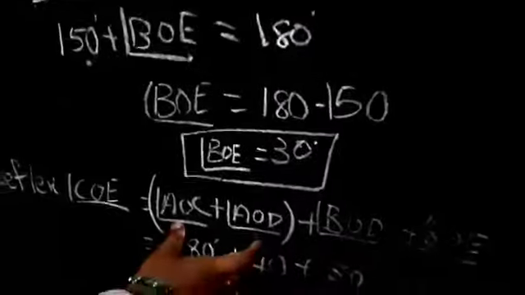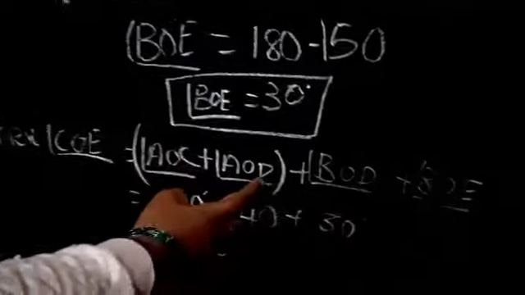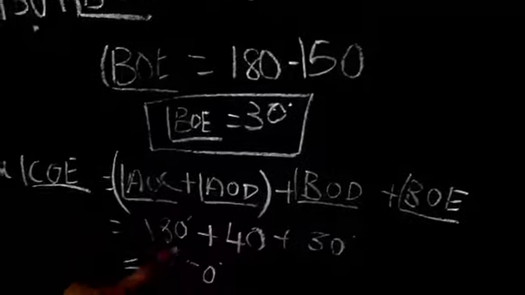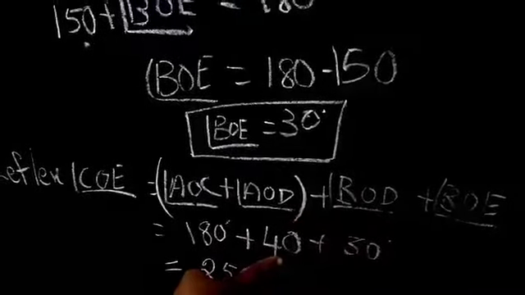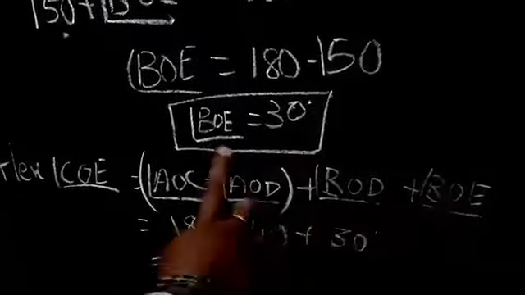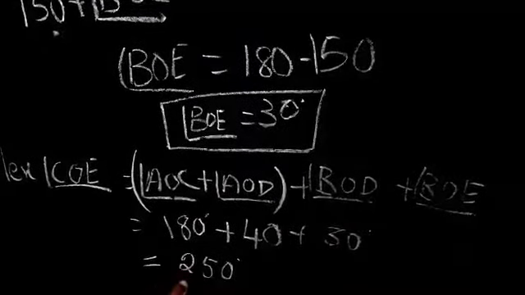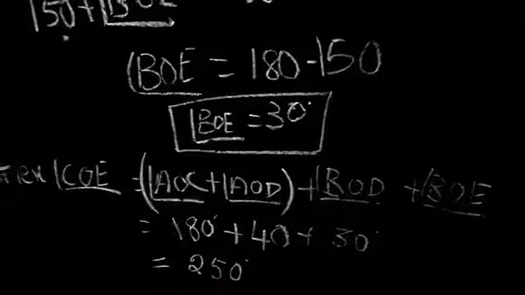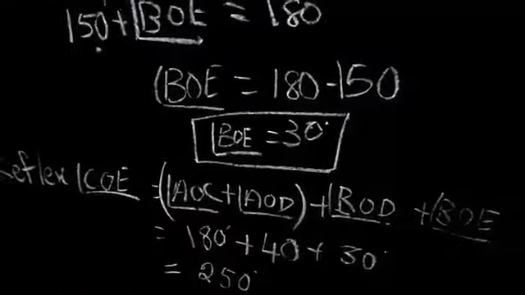This AOC plus AOD is the CD straight line, so we'll get 180. Then BOD they have given in the question, it is 40 degrees. BOE we just now found is 30. Everything added, we'll get 250 degrees. That is the reflex of angle COE.